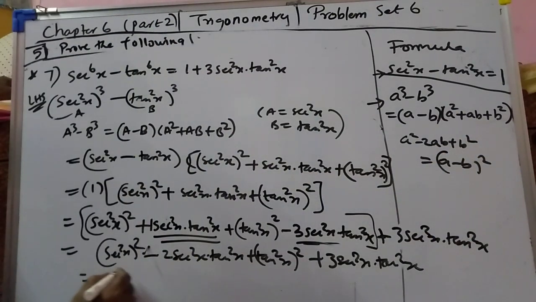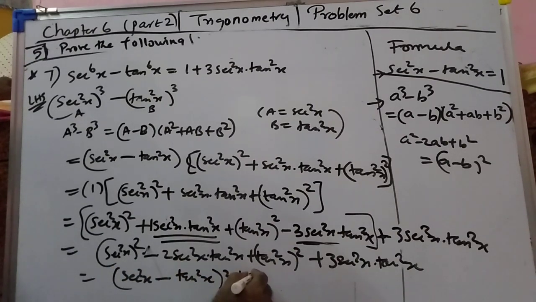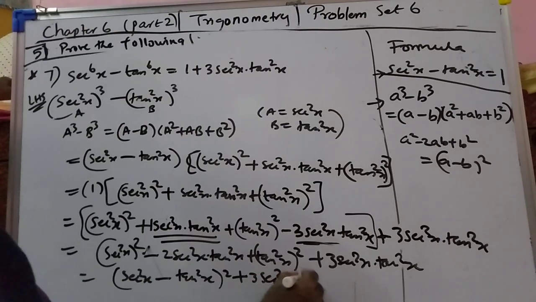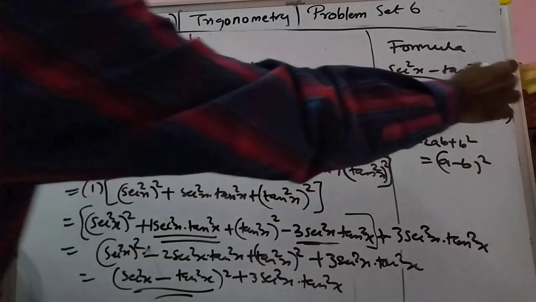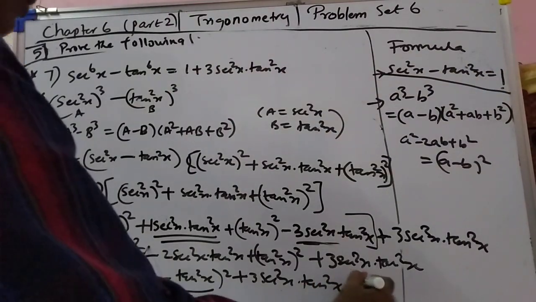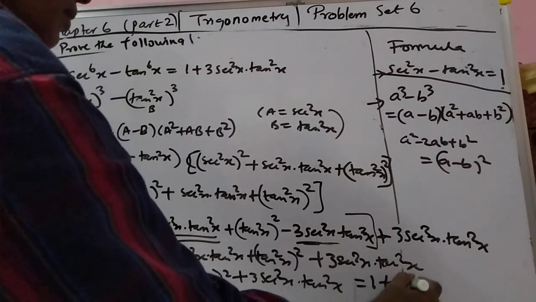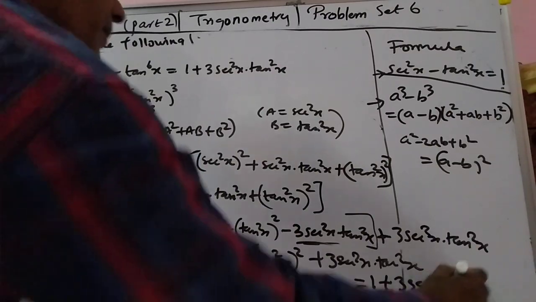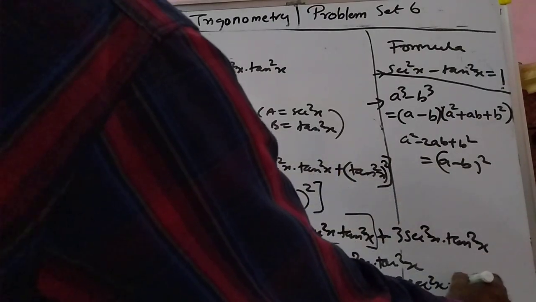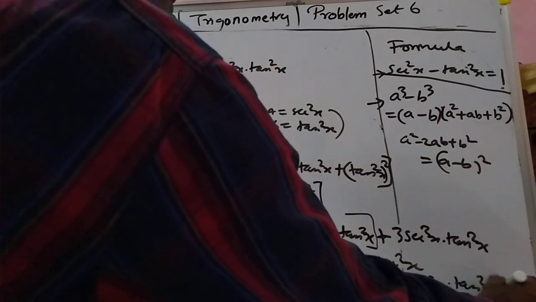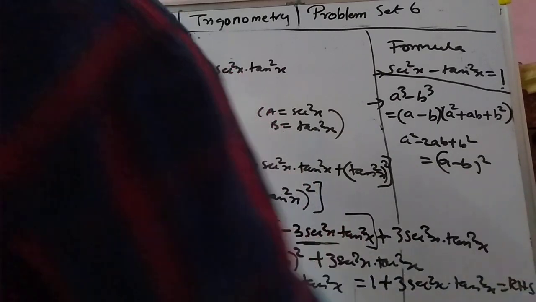So this will become sec square x minus tan square x the whole square plus 3 into sec square x dot tan square x. But this is 1, so that is equal to 1 plus 3 sec square x dot tan square x, that is equal to the right hand side.